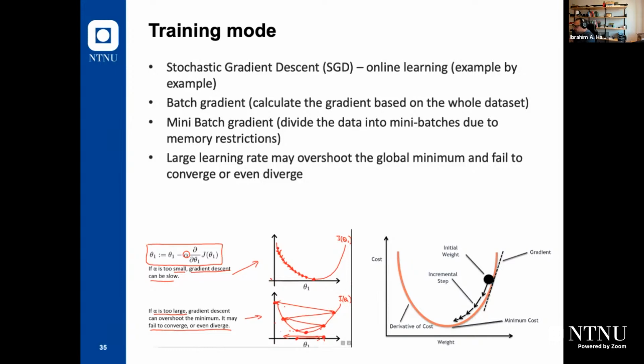A large learning rate may overshoot the global minimum and fail to converge or even diverge. It would be nice if you can go to the example which we did today and try to increase the learning rate and decrease the learning rate and see the impact. When you increase the learning rate, you will overshoot the global minimum, and it might fail to converge, or it might diverge, in fact, right?